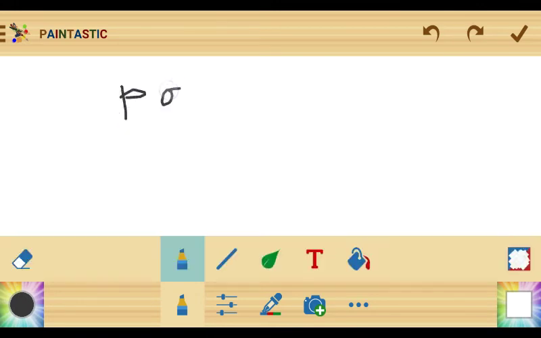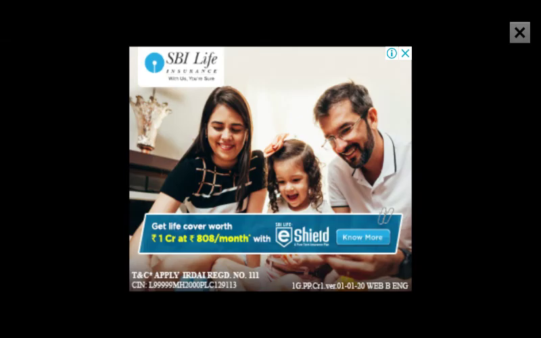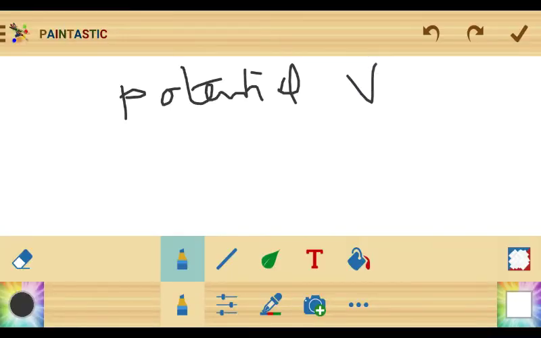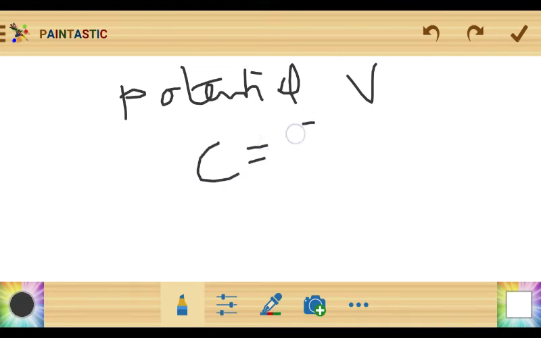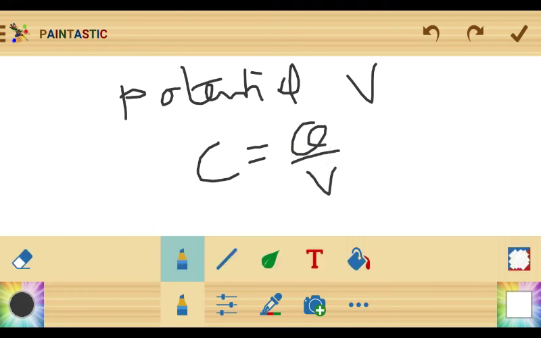First you have to find the potential V, and after you get the value of V, the second step is to substitute the value in Q upon V, and you get the solution. So there are only two single steps for every type of capacitor, whether it's a parallel plate capacitor or anything else.